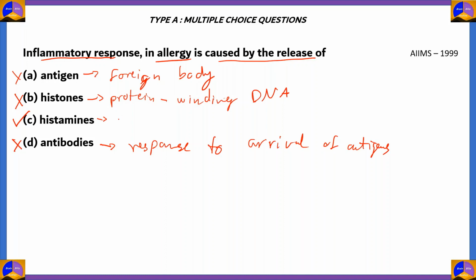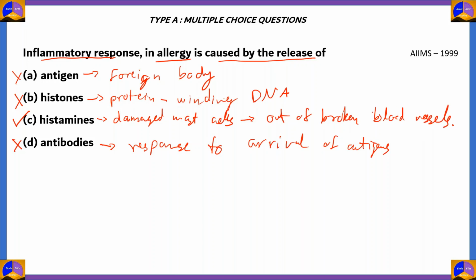And these histamines are actually produced by the damaged mast cells, and they release them out of broken blood vessels. And that's why we have an inflammatory response, because histamine causes vasodilation.